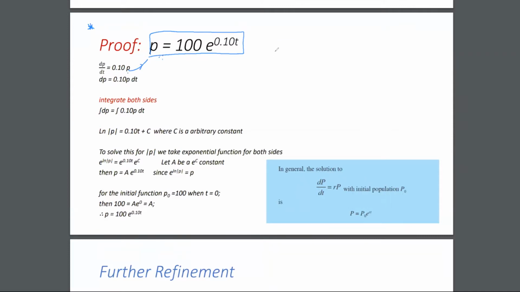Okay, so now we know the little change of population over a little change of time is equal to the rate of change times the initial population. How did I come up with this? Well, at the start of this lecture, we said this one is proportional to P. And to change it to an equal sign, we just introduce something called r, which is the rate of change, and then the initial value.